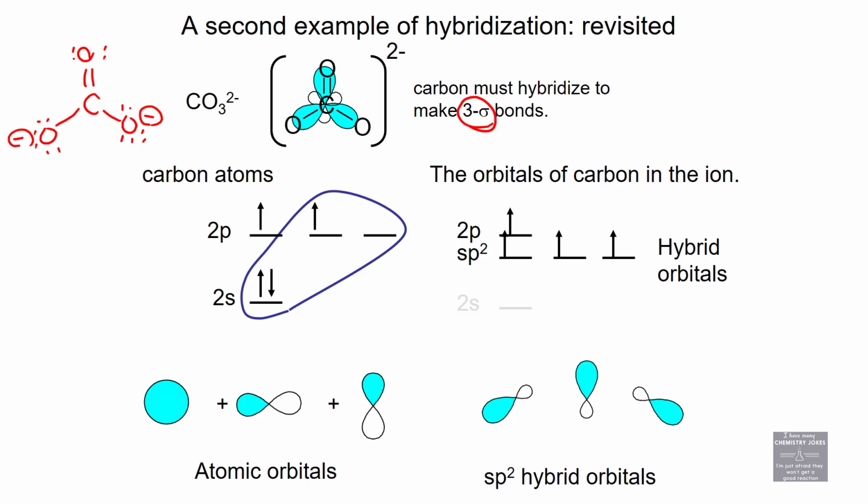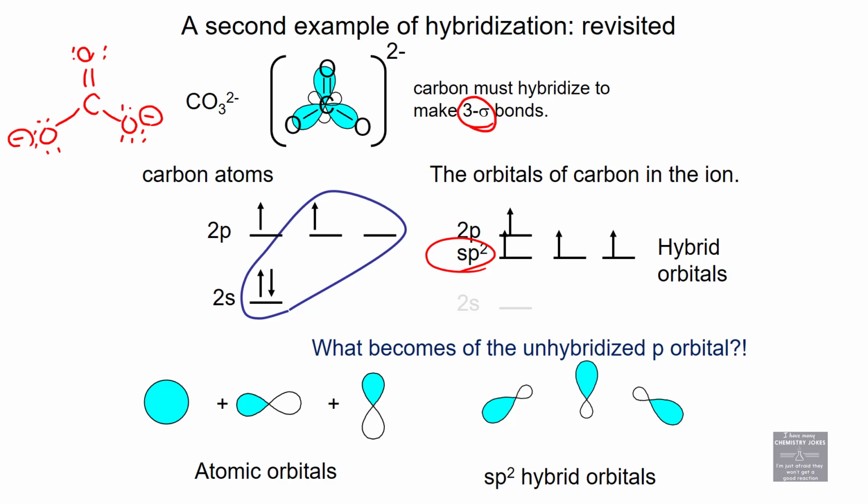So 3 sigma bonds means we need 3 hybrid orbitals. So that's where we get that this is sp2 hybridized. What happens to the unhybridized p orbital? We used up 2 of the p's and the s, but there's still a p orbital that is unhybridized. What is it used for?